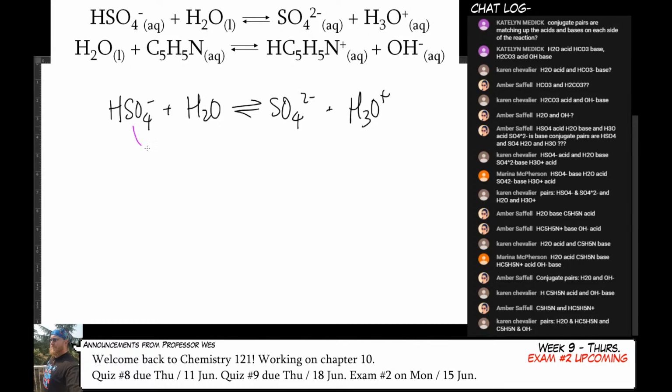So my H plus has to go in this direction, meaning that this is the acid and that this is the base. Over here, this guy doesn't even have H plus, so he can't be the acid. It's got to come over this way. That means that this is the acid and this is the base.